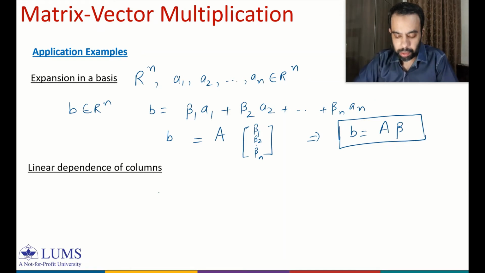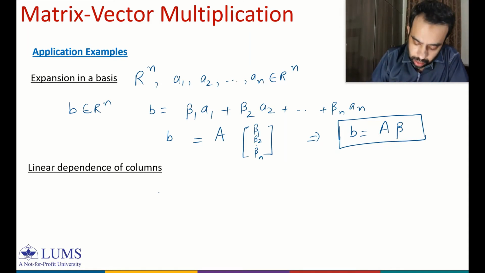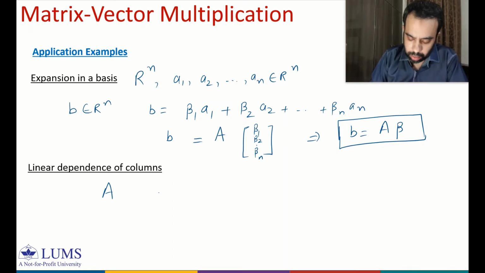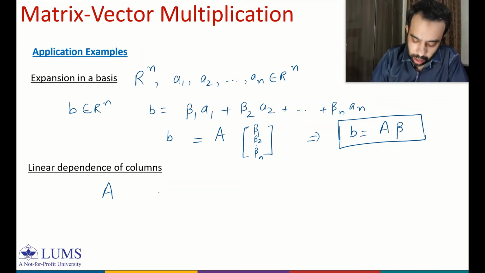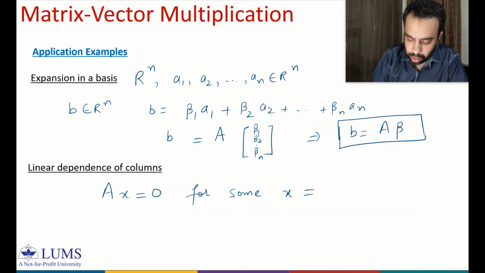Using matrix vector product, we can also check linear independence or linear dependence of columns. So we have vectors which we stack in a matrix A. The columns of the matrix A are linearly dependent if Ax is equal to 0 for some x which is not equal to 0.